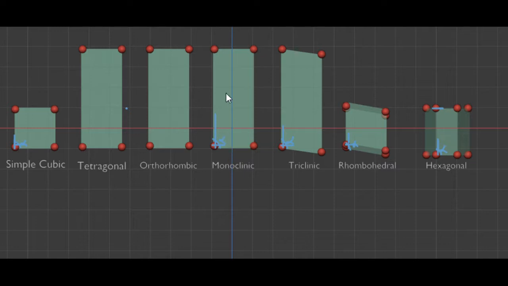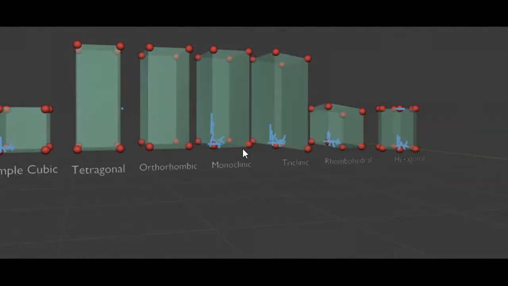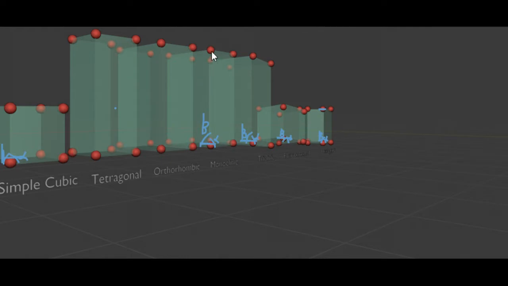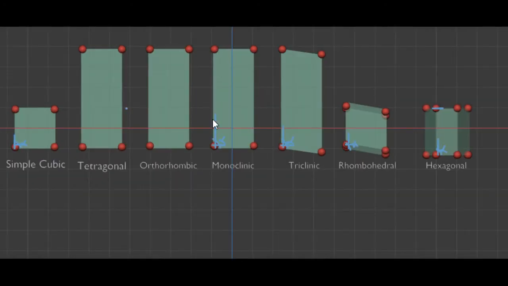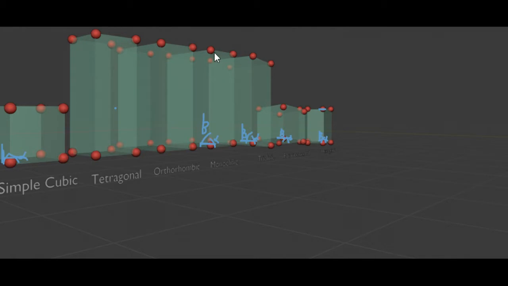So this is clearly 90. This angle, say beta, is also 90. So this angle, say alpha, is 90, slightly tilted. This angle, say beta, is also 90.